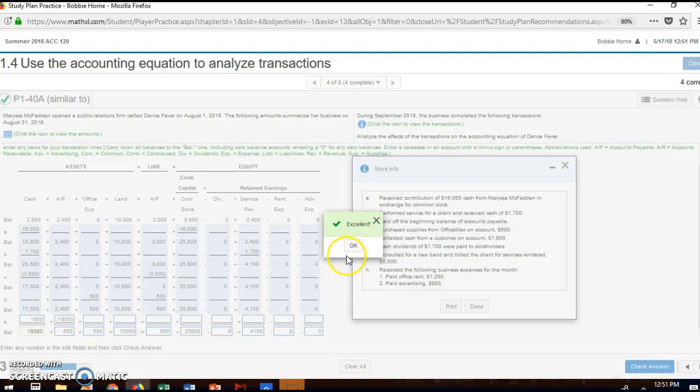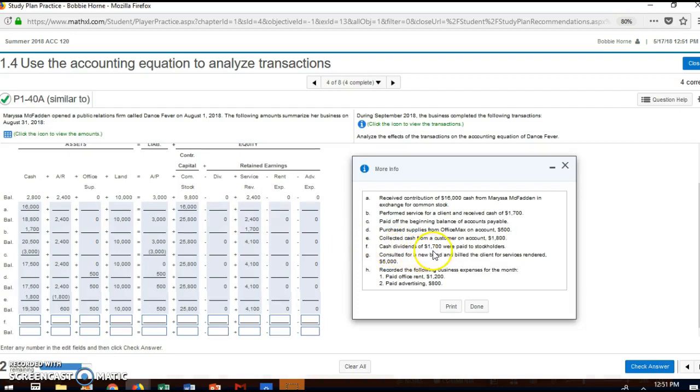Alright, then for F, cash dividends of 1,700 were paid to stockholders. So we're paying the stockholders cash, so cash is going down by 1,700. And the dividends account, we paid 1,700, so that's the amount in the dividends account.